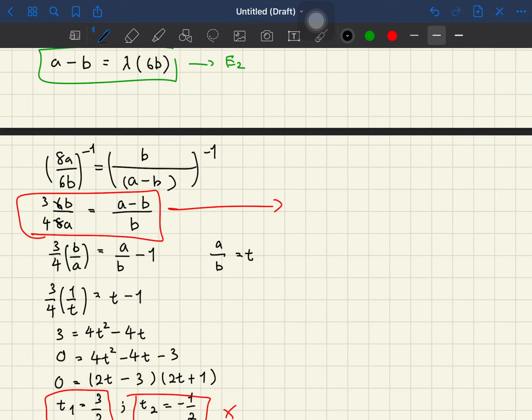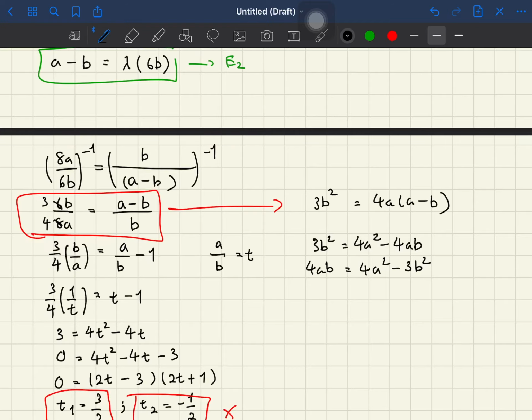This is just additional information if some people are stubborn enough to think about eliminating fractions. So you can cross multiply, and then notice that 4AB equals 4A squared minus 3B squared.